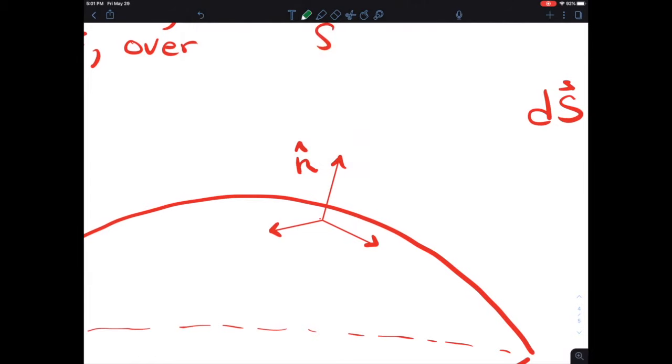So I'll have this one be RU du, and the other one being RV dv. Okay, and then maybe we'll just make our little parallelogram that represents ds.